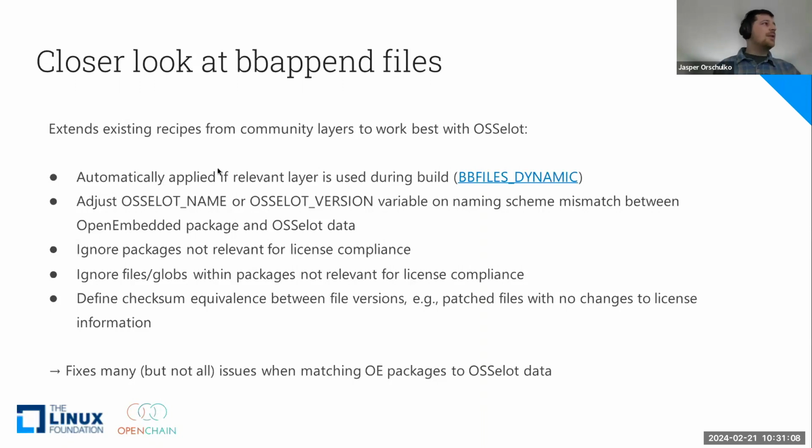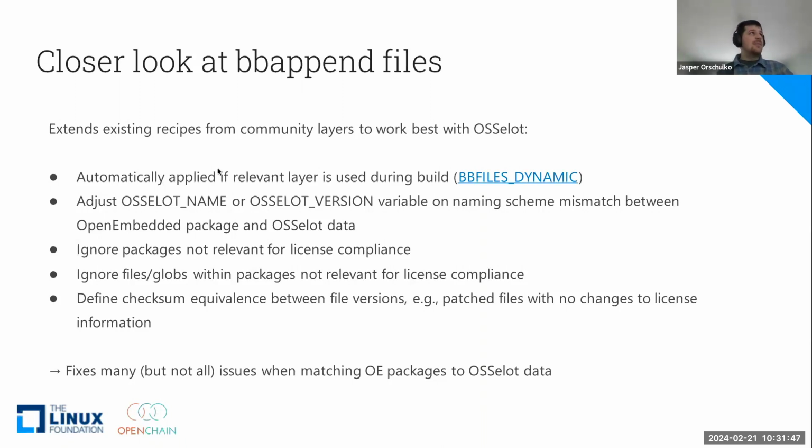And we also have a checksum equivalence mechanism. If we have a patched file and we deem the patch not to be relevant from a license perspective, we can define equivalence. We could say, even though the file has a different checksum than this one that has been already curated, we take the checksum of the curated file and set it into relation to the checksum of the patched file, and by doing so say, okay, this is fine from a license perspective.